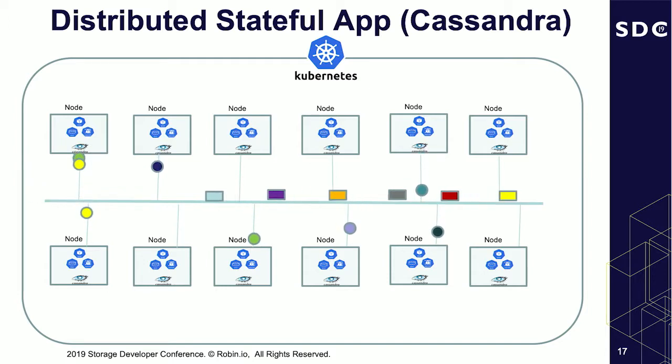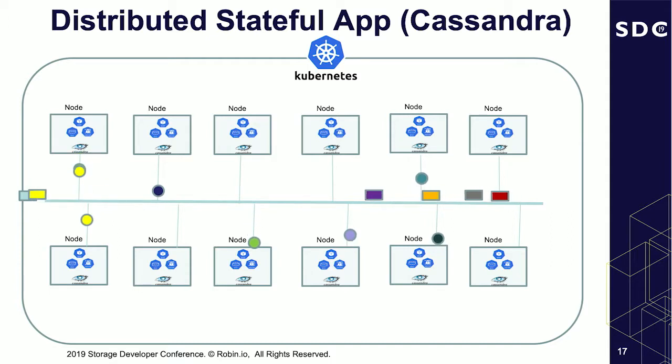So typically, who are the users of this application? Usually the users are the application engineers or the DevOps engineers, who want to deploy the application and run their business logic on these applications. They are not storage admins, they are not infrastructure admins. All they need is a Cassandra application, and they want to run their own application.